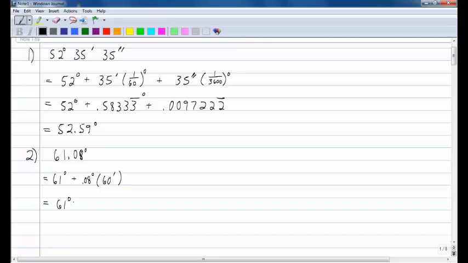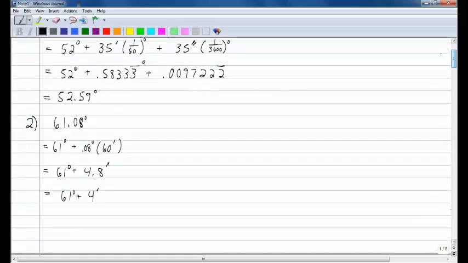So 61 degrees plus 4.8 minutes. So we want to take the whole number part, and that's going to be our minutes. The decimal part here, the 0.8 minutes, we're going to change that over to seconds.